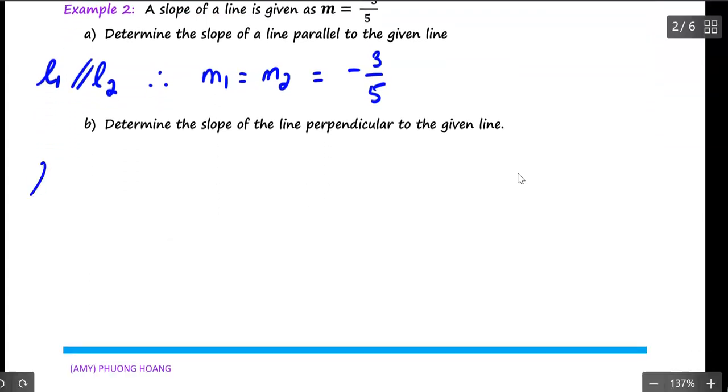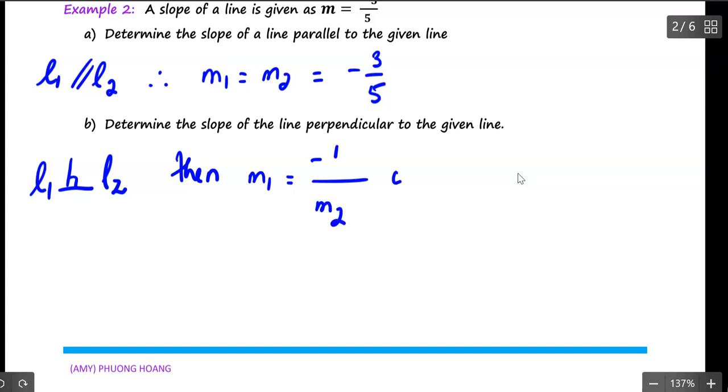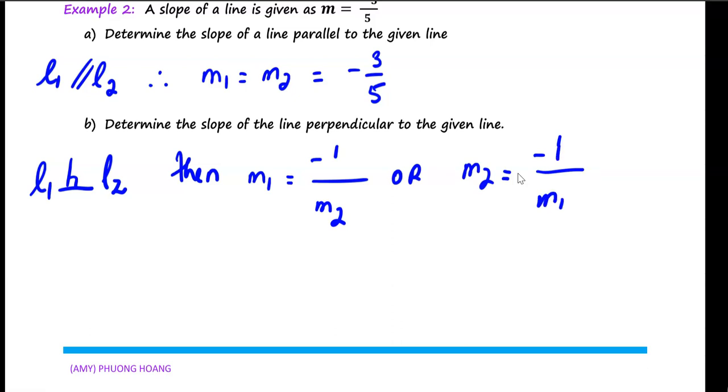Now we are talking about L1 perpendicular to L2. Then I will have m1 equal to negative 1 divided by m2, or I can use m2 equal to negative 1 divided by m1, because we practice negative reciprocals of one to the other.